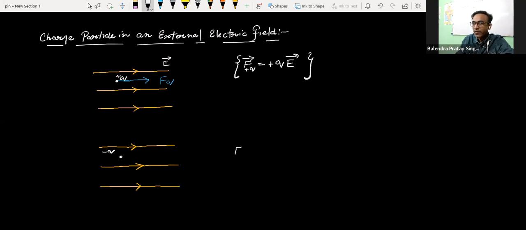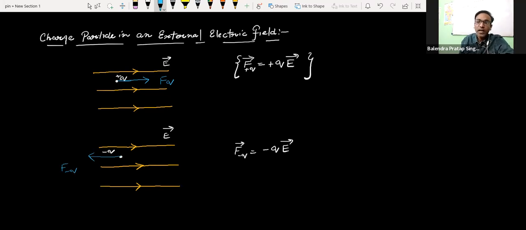You know that the force due to minus q is equal to minus q times the vector E. So this minus will give a force opposite to the direction of the electric field. For this case, the direction of F minus q is opposite to the direction of the electric field, and that is opposite to F plus q.